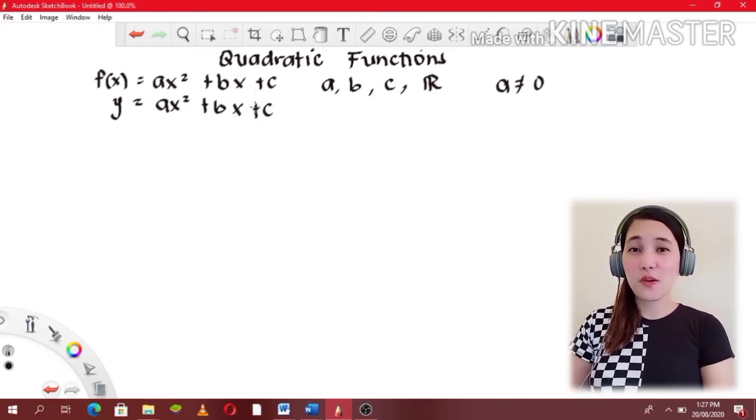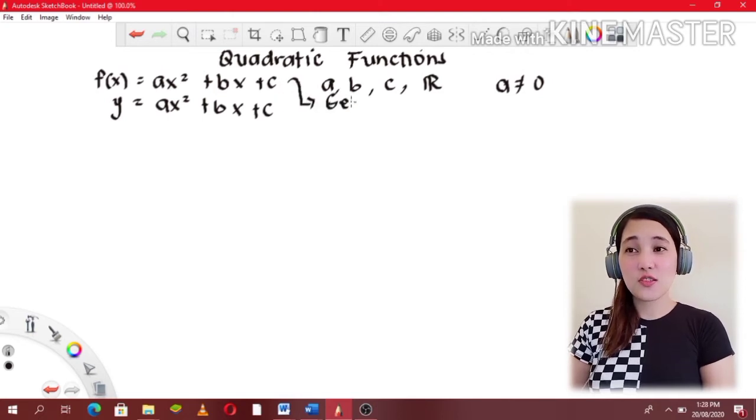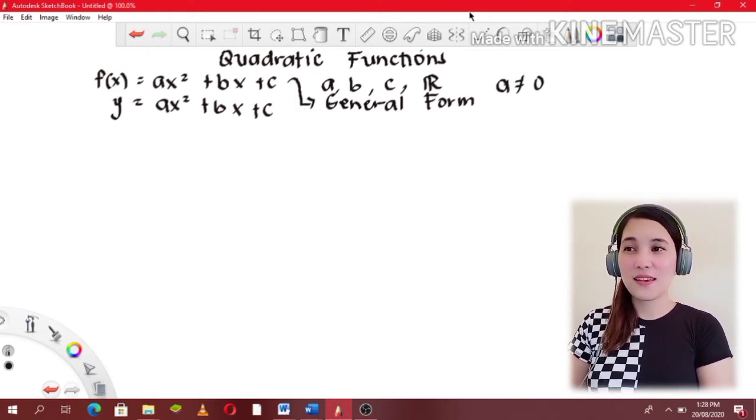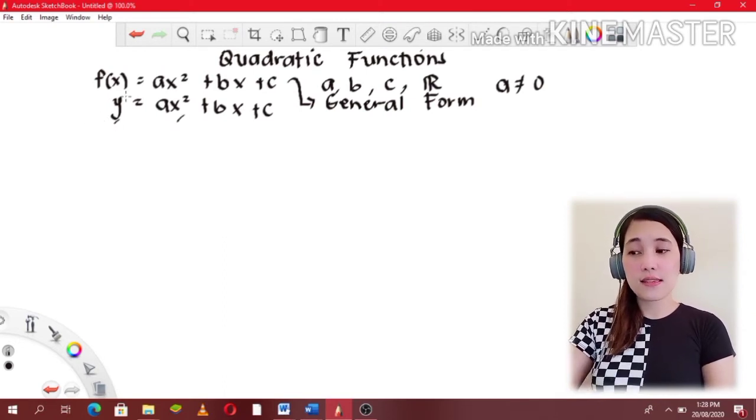These forms of a quadratic function are what we call the general form or the standard form of a quadratic function. A quadratic function, if you notice, involves two variables, x and y, or x and f(x). Alright?